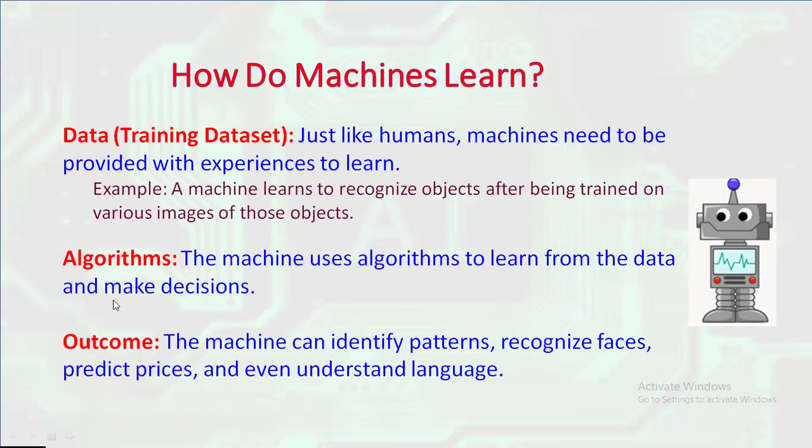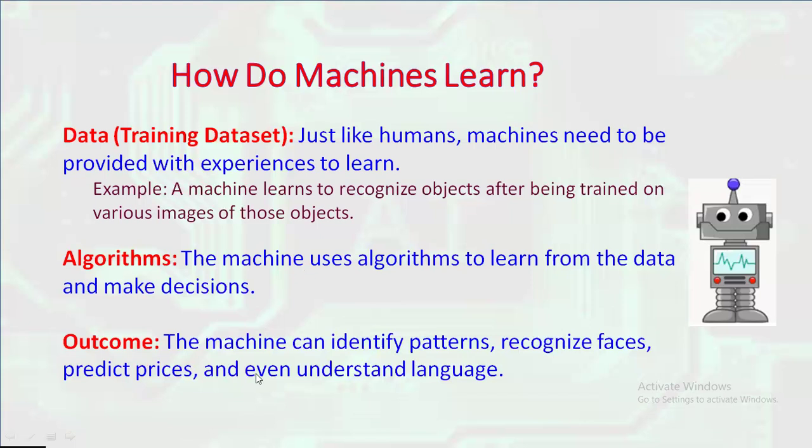And algorithms act like a brain for the machines. They process the training data and help the machines find patterns, rules, or mathematical relationships. The right algorithms can turn new raw data into a decision-making model capable of handling new data.